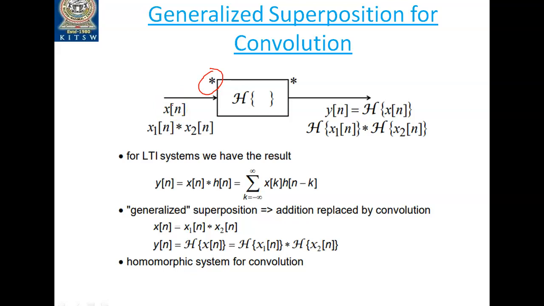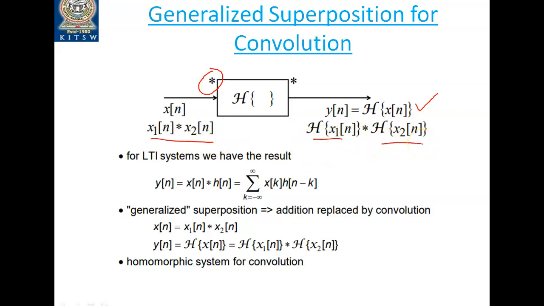Giving that signal to the homomorphic system, we produce y[n] equal to H{x[n]}. When we convolve two signals, we get H{x1[n]} convolved with H{x2[n]}.